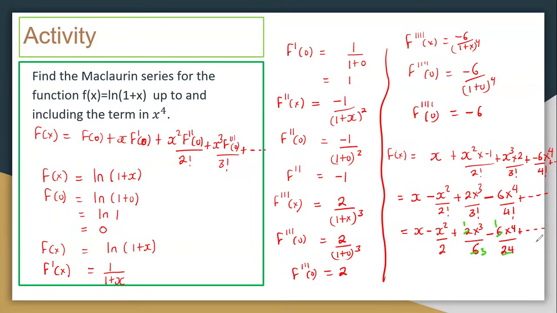By 6, 1, 6 goes into 24 4 times. And therefore, this is the same as x minus x squared out of 2 plus x power 3 out of 3 minus x power 4 out of 4, and then plus other terms. So that is our function.